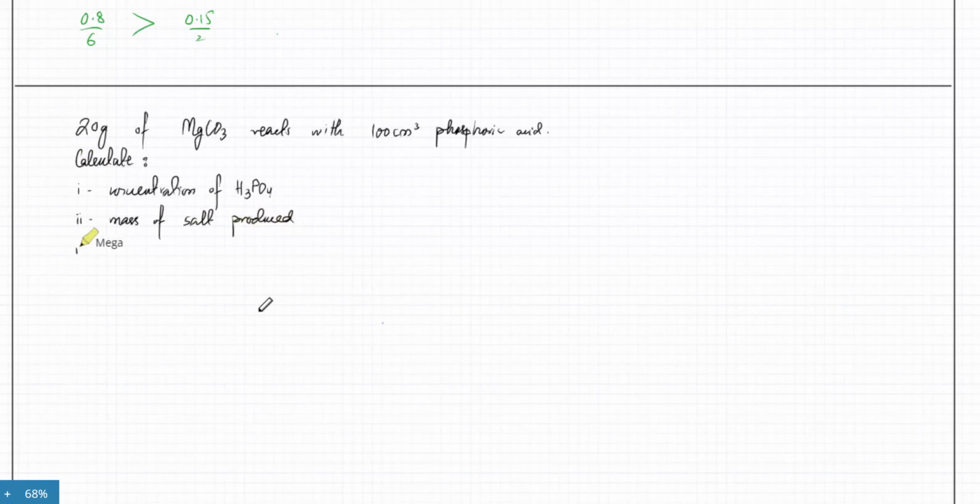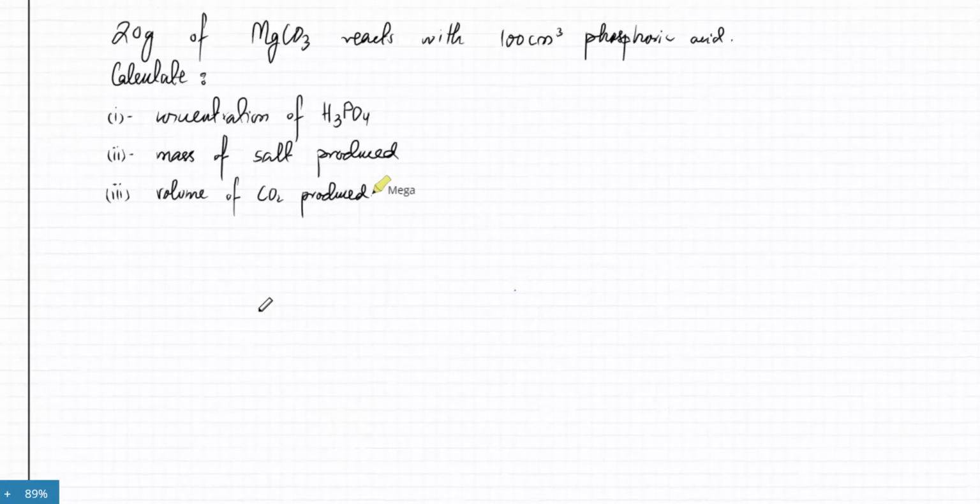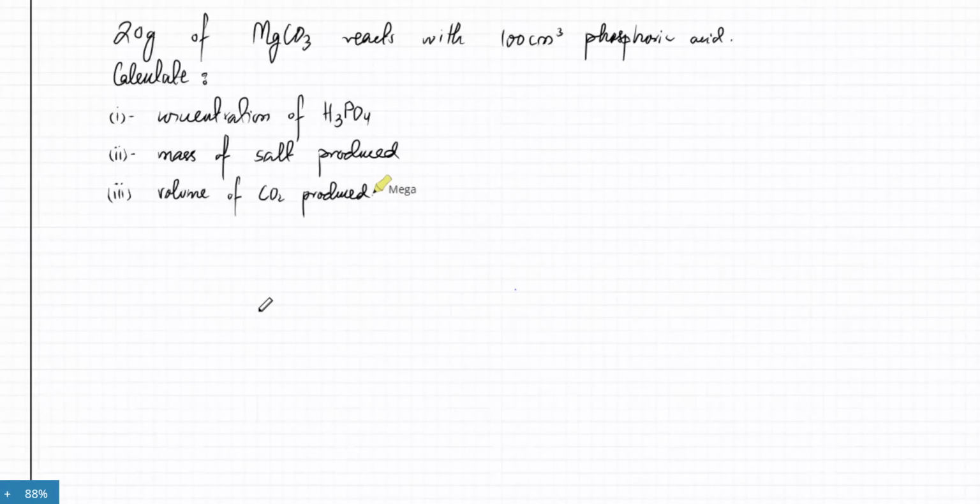And number 3 is the volume of carbon dioxide, so volume of CO2 produced. Now these are the things that need to be done.